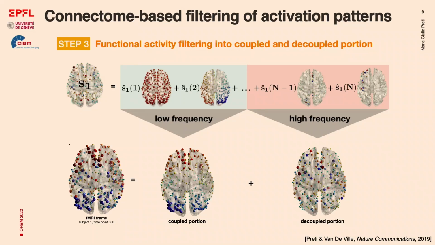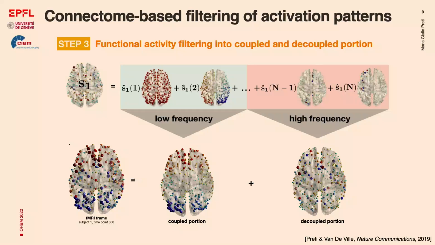And what we get, when we reconstruct back the signal, is two portions of the signal that, if summed up, give again the functional pattern. One that we define as coupled, because it only includes structural harmonics that were very smooth on the structural connectome, and the other that is indeed more decoupled.